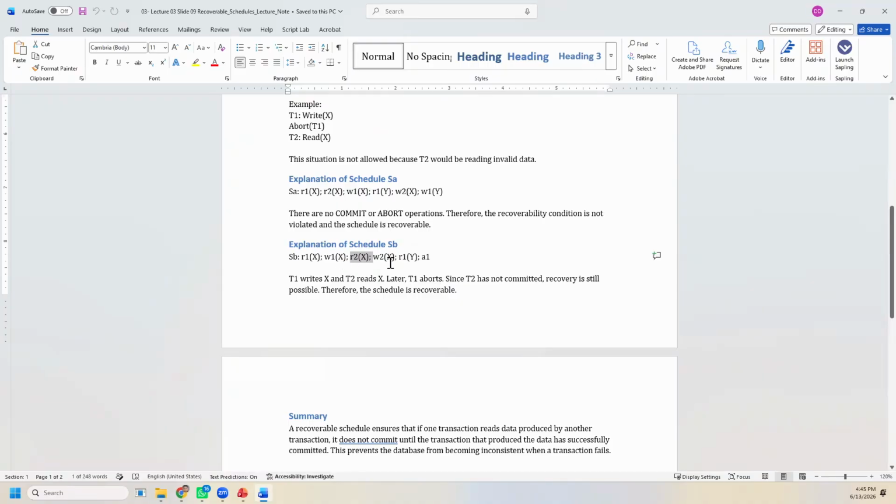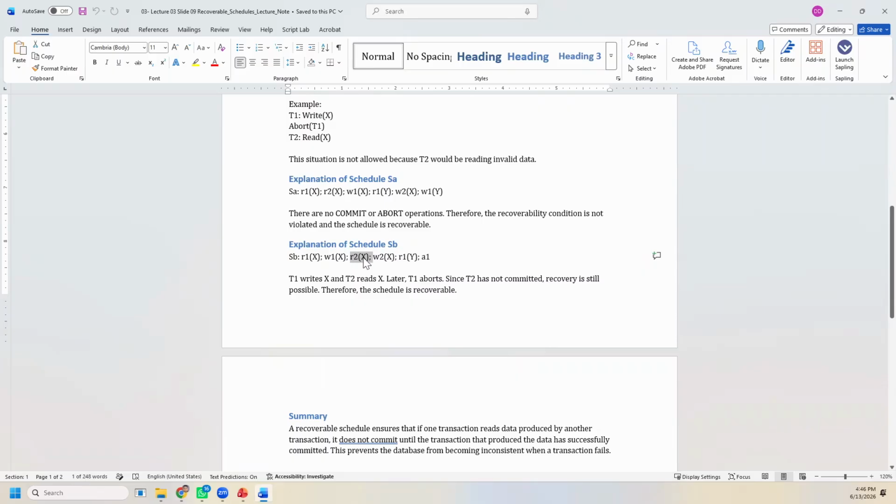Even though T2 read it, and T1 had written or modified something and then aborted, these modifications are still used by T2.